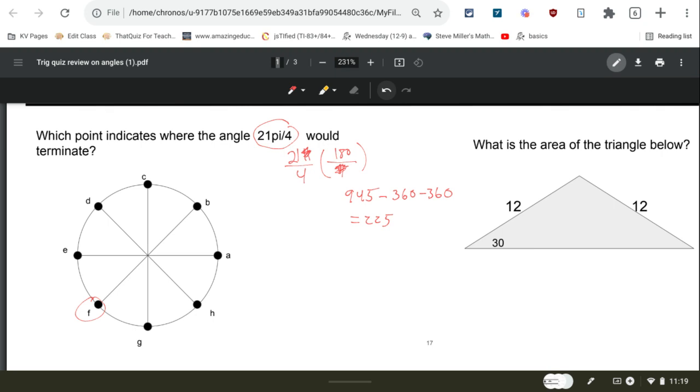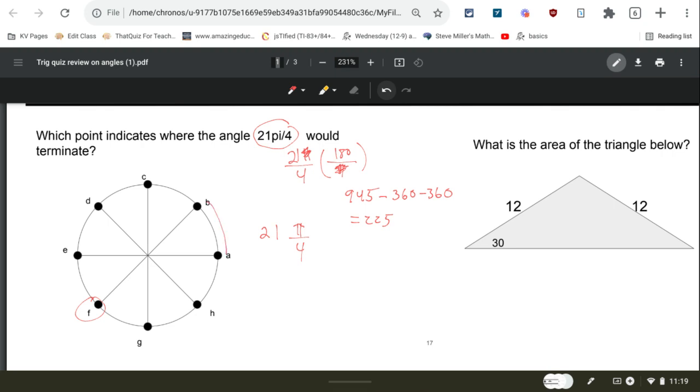Now, another way that you could have done this is just by taking your 21 pi over 4 and rotating out 21 of those pi over 4 rotations, all right? Every pi over 4 is just 45 degrees, so you could have just counted until you got to 21 of them, all right?